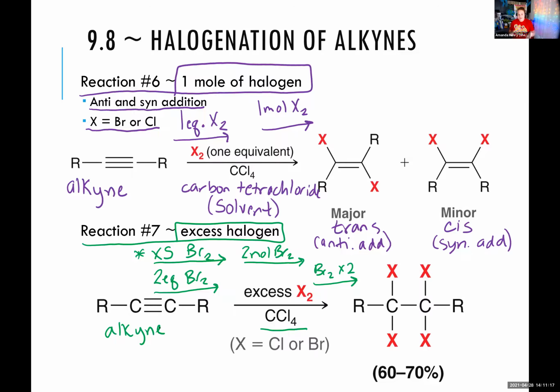So each of those alkyne carbons is going to get 2 halogens. So we end up with this thing on the end here. So 4 halogens attached to those 2 carbons, so 2 each. I didn't give the top one a name, so I need to do that as well. But this is a vicinal geminal tetrahalide.